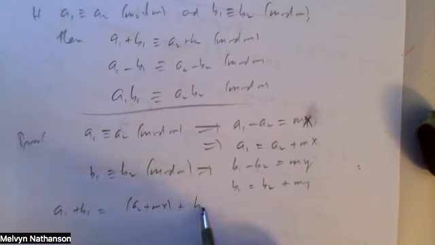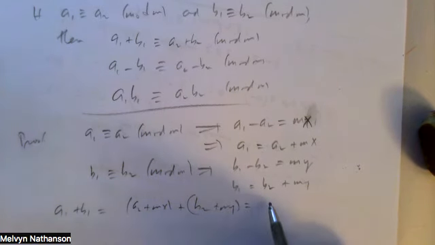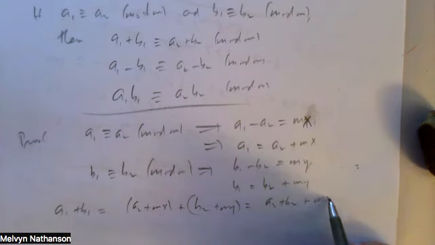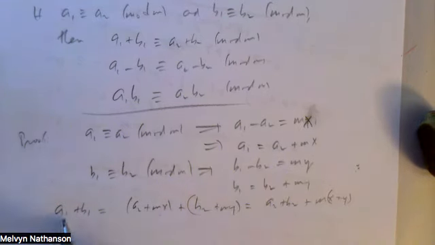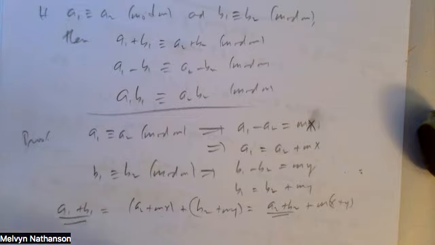So if I take A1 plus B1, that's A2 plus mX plus B2 plus mY. That's A2 plus B2 plus mX plus mY, or m times X plus Y, which means A1 plus B1 minus A2 plus B2 is a multiple of m.